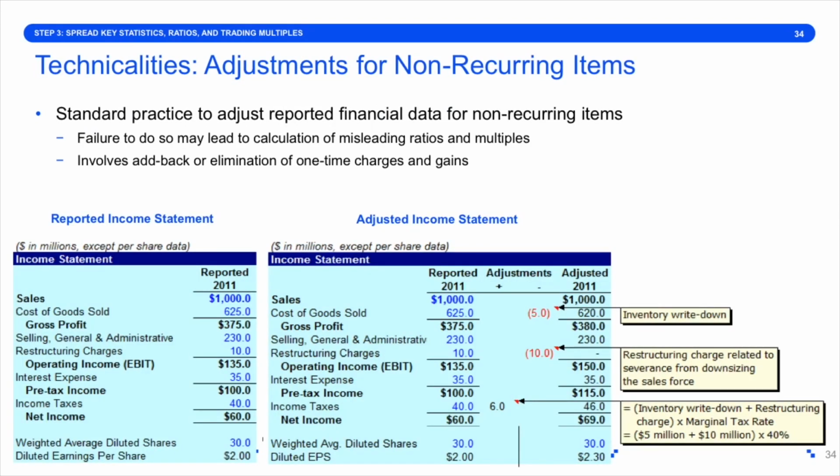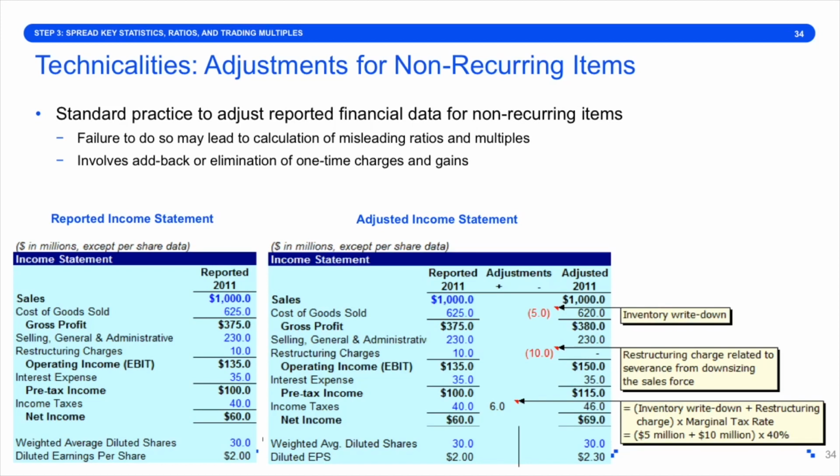Second technicality. Forget about the table for a second. There may be some items in our income statement that are non-recurring, that are extraordinary.